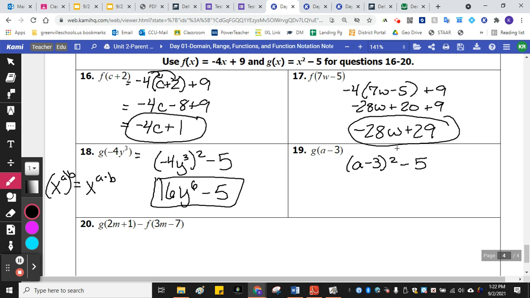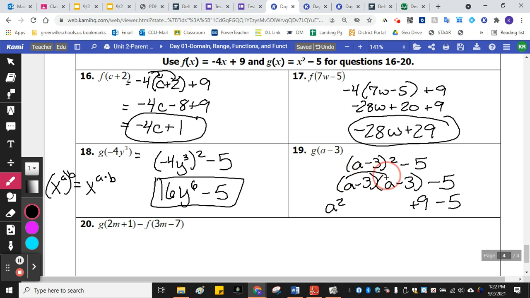Like what's 3 squared? Multiply it by itself. So a minus 3 times a minus 3, the whole thing. That's literally what I just said. We're missing half of it.